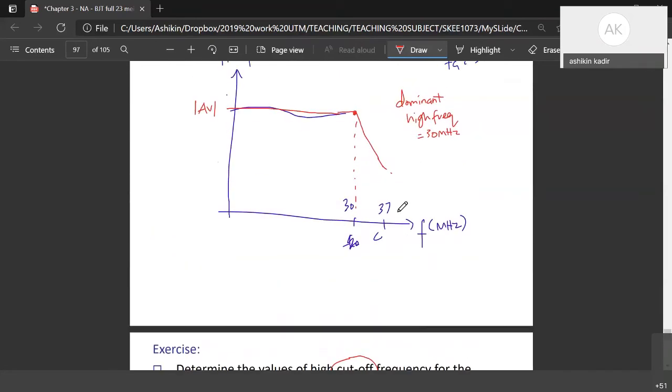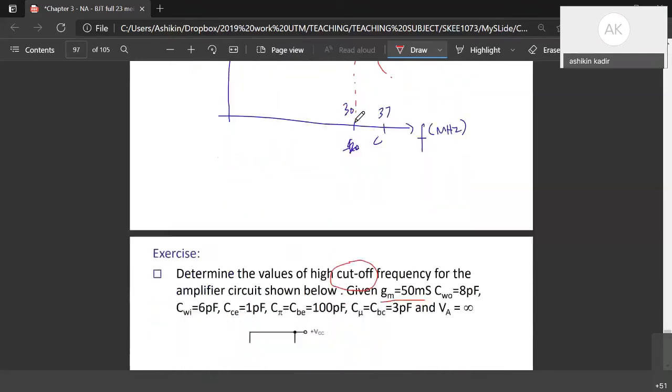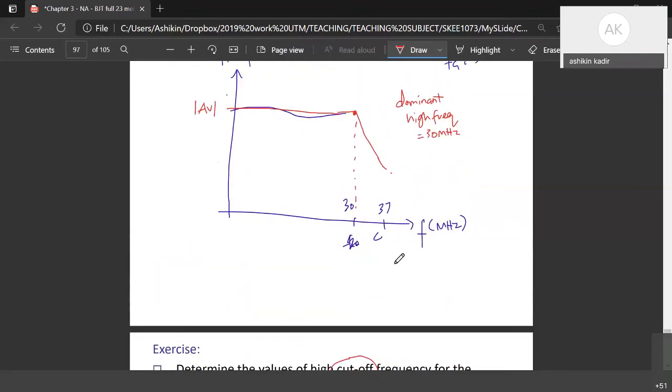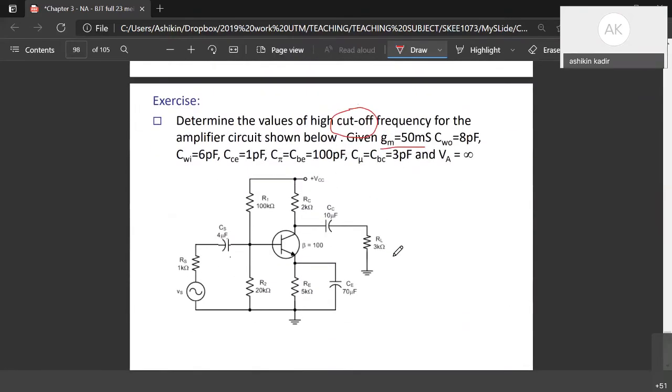Cut-off means at which frequency it cuts off your gain. So here you have FCI and also FCO. We try to do the high frequency analysis first.